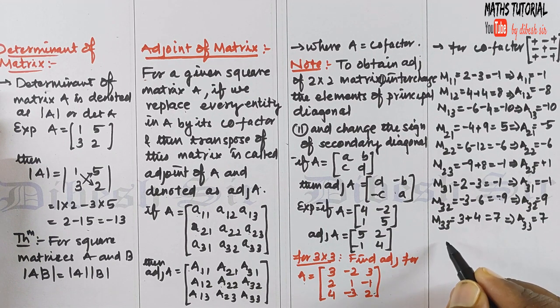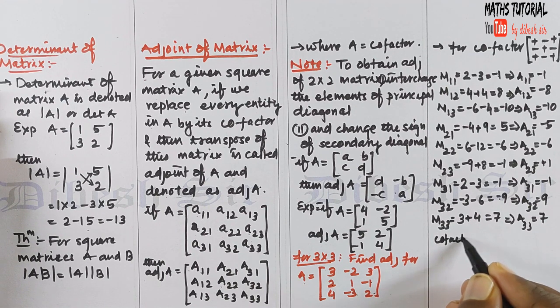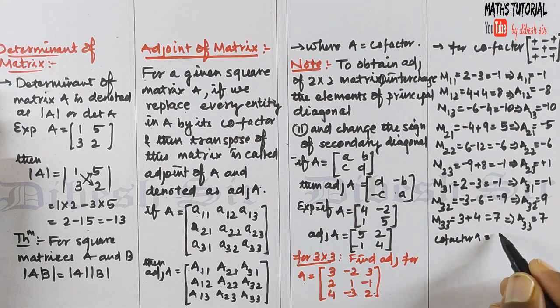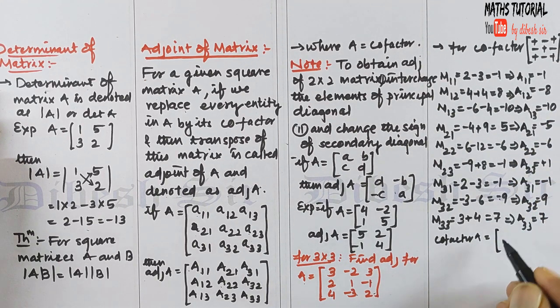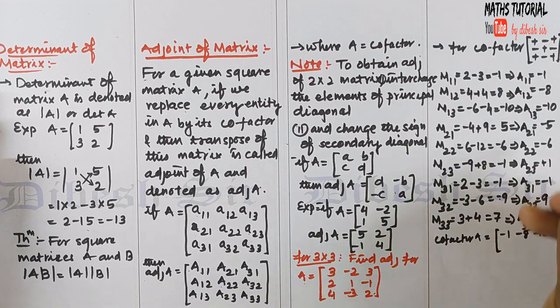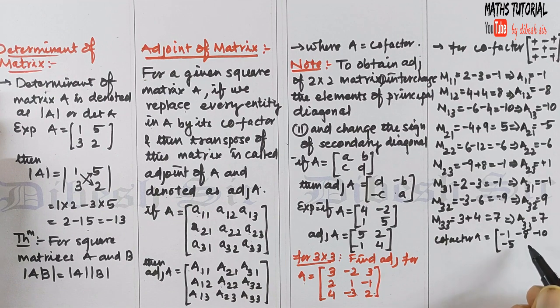Now cofactor A is equal to [minus 1, minus 8, minus 10; minus 5, minus 6, 1; minus 1, 9, 7]. This is our cofactor.